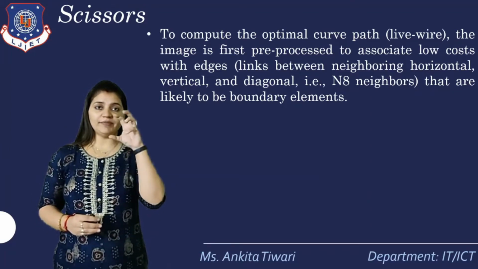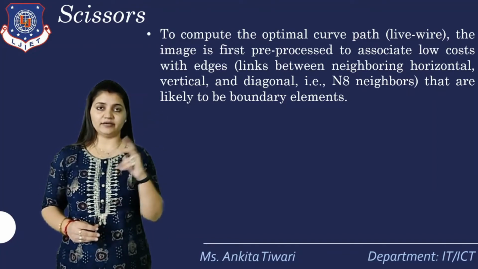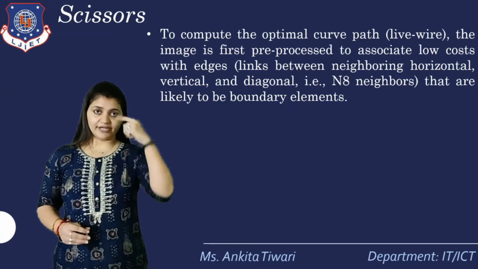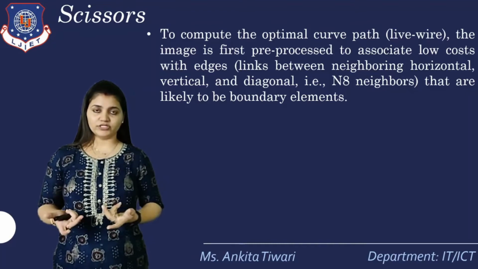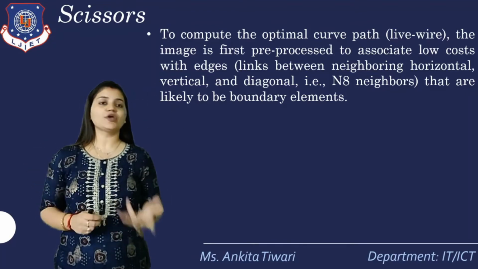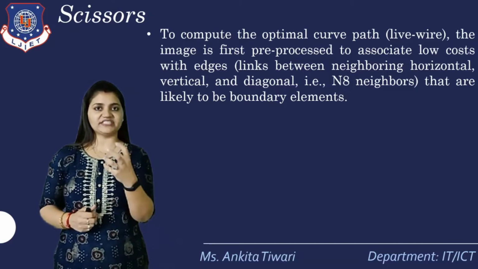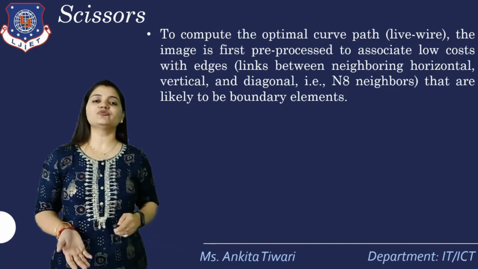N8 means if I am taking a pixel, then the 8 neighboring pixels are considered: right, left, top, bottom, 4 positions, and the 2 diagonals on each side. So this is how a particular pixel is defined with its 8 neighbors that are likely to be boundary elements.